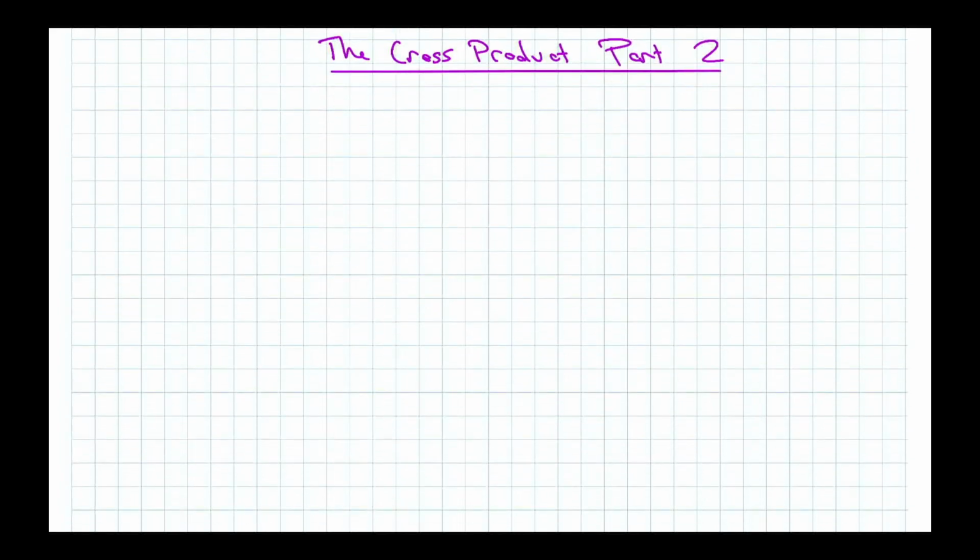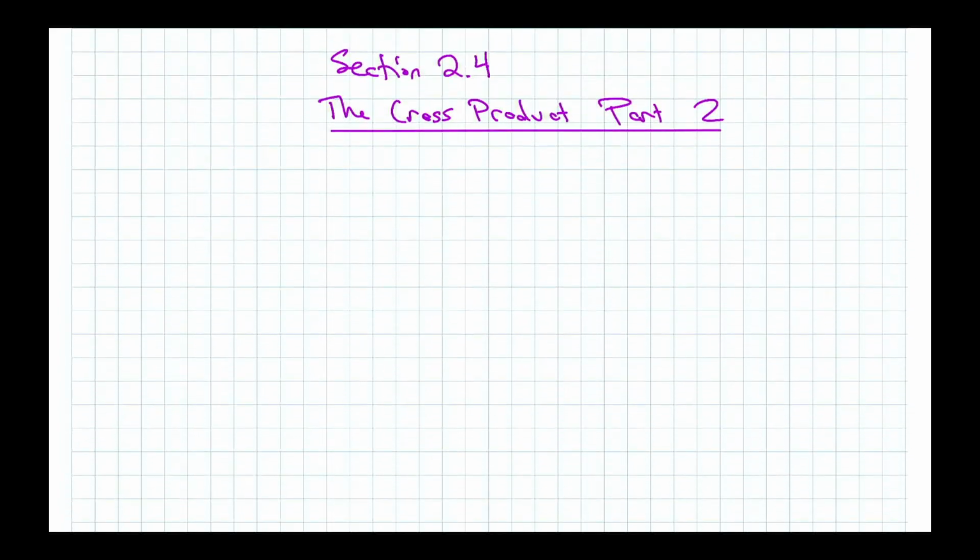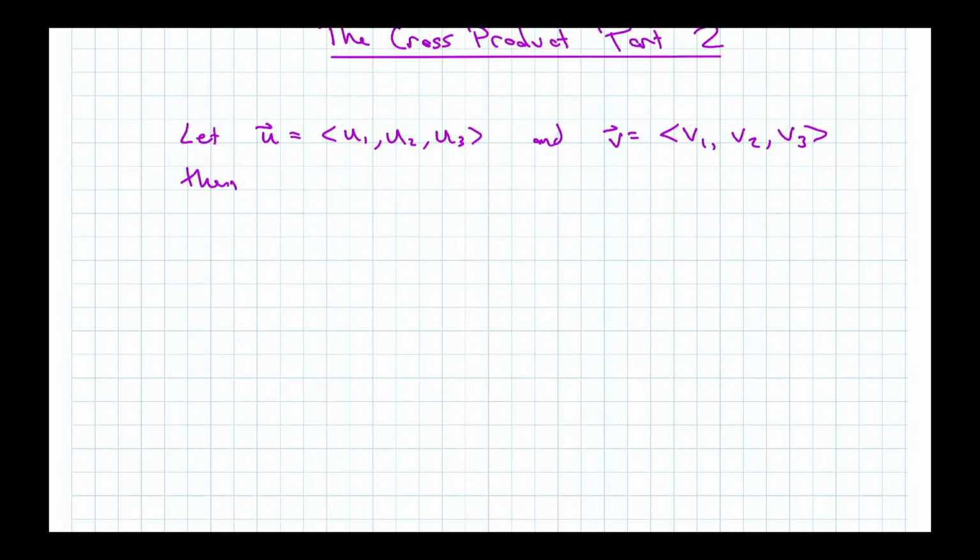So what do we need? Let's write this down to start with here. Let's recall that if you have u equal to u1, u2, u3, and v equals v1, v2, v3, then we have the cross product, which we know how to calculate, u cross v.